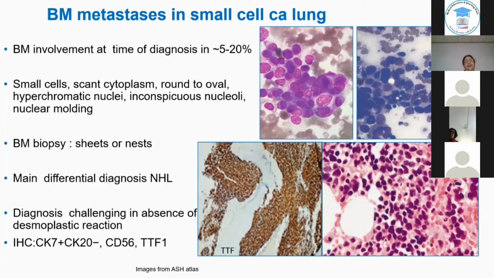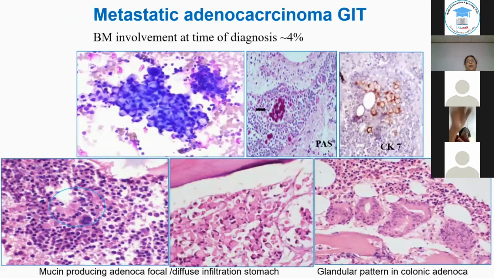Another common site for metastasis in bone marrow is from GIT. Metastatic involvement occurs in approximately 4% cases. In the first picture, you can see a signet ring adenocarcinoma from stomach, which is positive for PAS and it is positive for CK7.